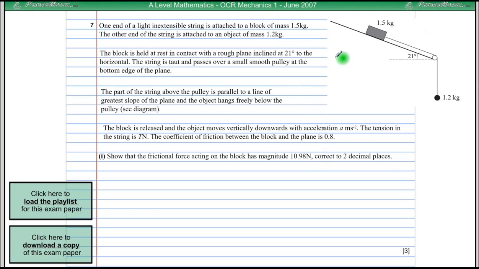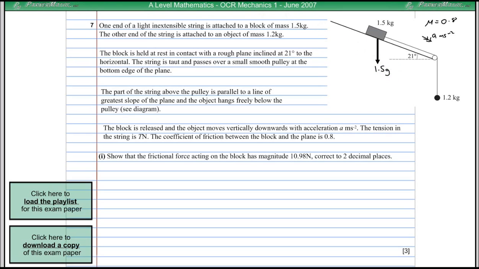We know that mu, the coefficient of friction, has been given to be 0.8, so we'll add that on up here. We'll put a little arrow on that represents our acceleration. And we know that if this block is on the slope, then there's going to be a weight downwards, which will be 1.5 g.